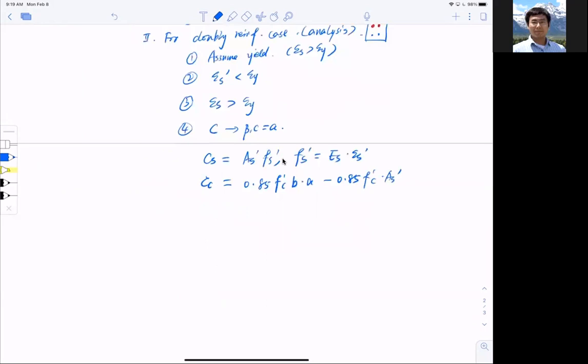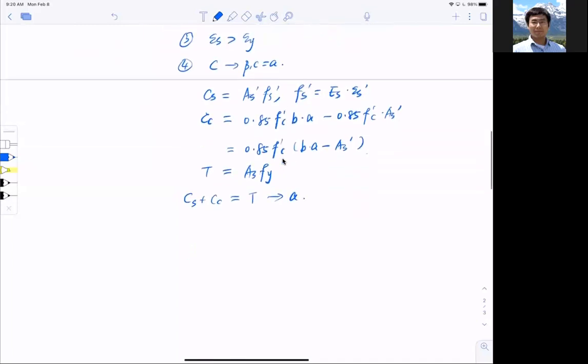So that is equal to the compression 0.85 f'c, bracket b a minus As prime. And the tension T naturally equals As fy. We strive to find Cs, compression from steel, plus Cc, compression from concrete, equal to the total tension force, and then reversely find the actual compressive zone a.